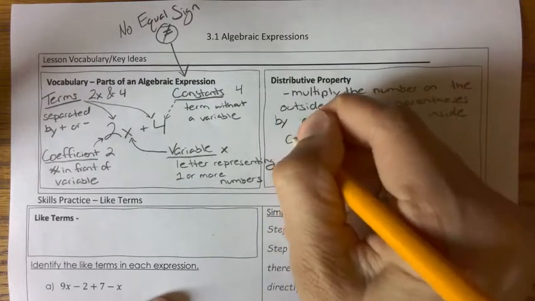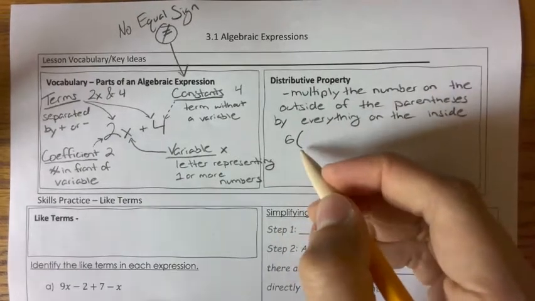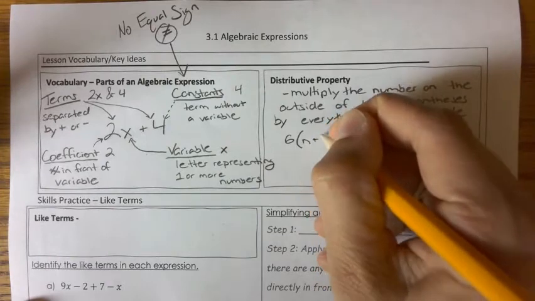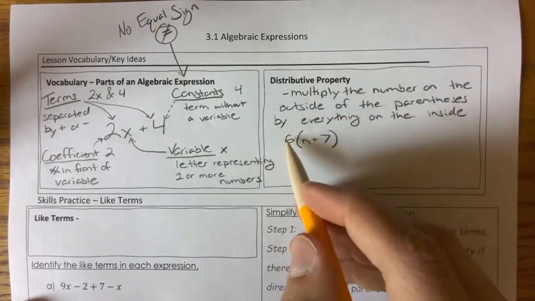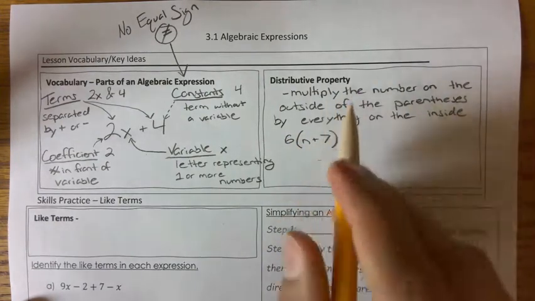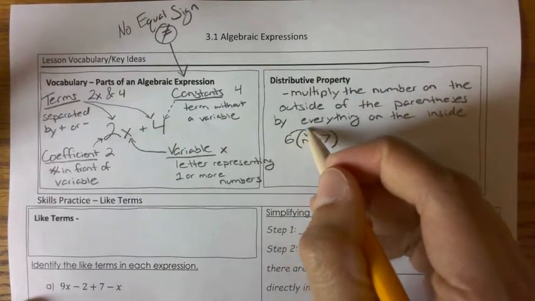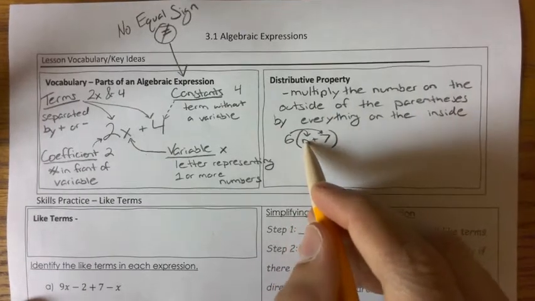You might have something like 6 multiplied by the quantity, that's how you say a parenthesis technically, 6 multiplied by the quantity of n plus 7. This number is out front. It's our coefficient to this value. And so we want to make sure we multiply it to everything on the inside. So we draw these little arcs. So we're going to do 6 multiplied by n.